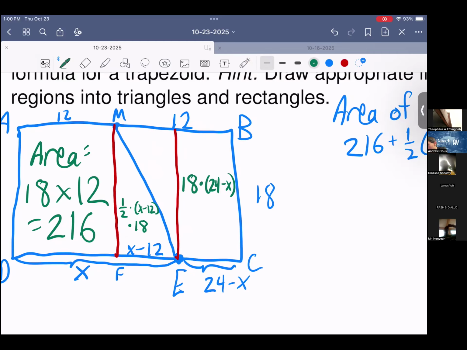So if this entire thing is 12, and this length right here is 24 minus x, then what you have over here is going to be 12 minus (24 minus x). I don't want to clutter the diagram so much, but let me call this point G. MG is going to be 12 minus (24 minus x).